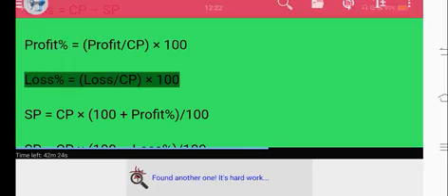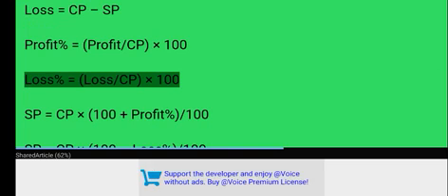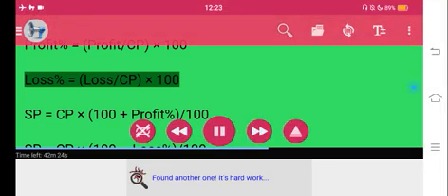Loss percent equals loss divided by CP, times 100.